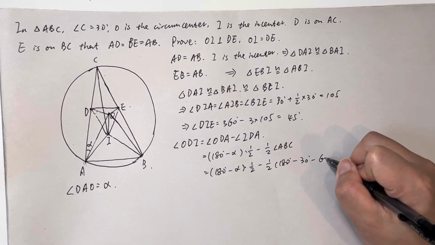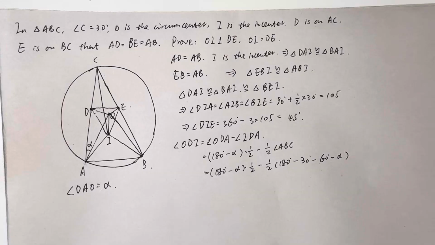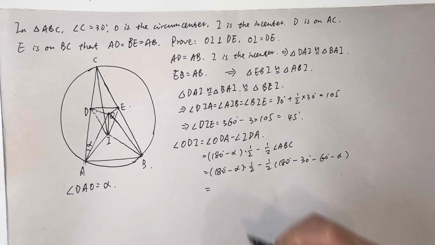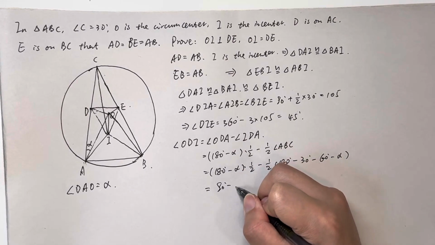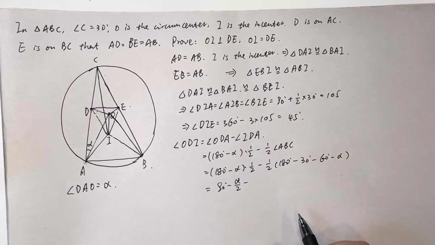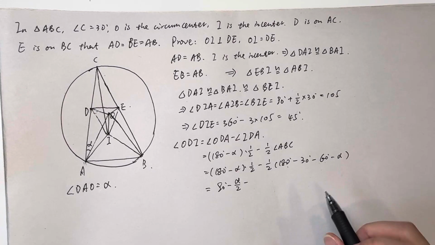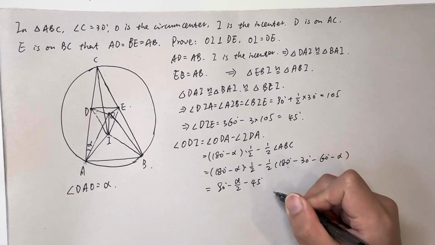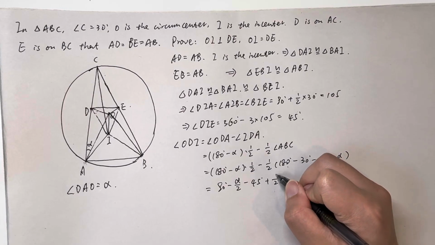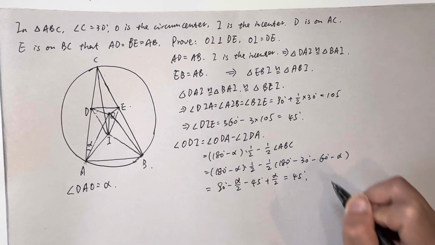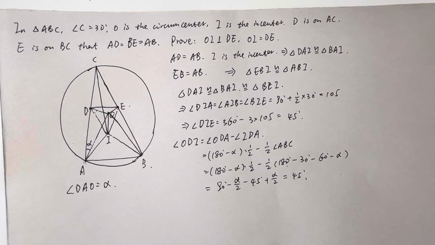So minus 60 degrees minus alpha, which makes this 90 degrees minus half of alpha, so that's 90 degrees minus alpha, and that makes it 45 degrees plus half of alpha, which equals 45 degrees. That's great, right?